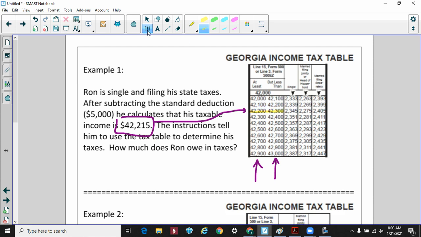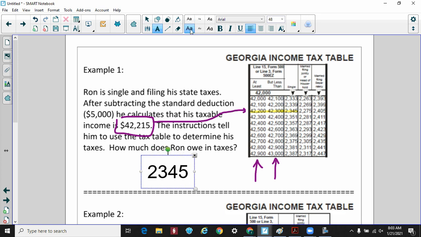We are single, so we're only going to pay attention to this row right here. All we have to do is continue our highlight. Boom, there we go, 2,345. So the state of Georgia says John should have paid $2,345 in taxes. That's how much the state of Georgia says he should have paid. Now, did John pay that? Well, that's not what the question's asking.